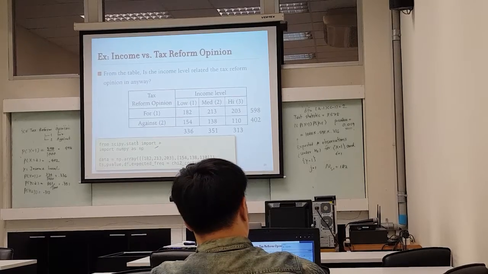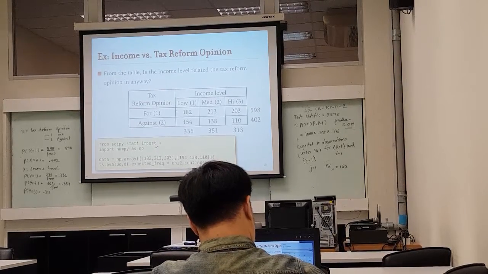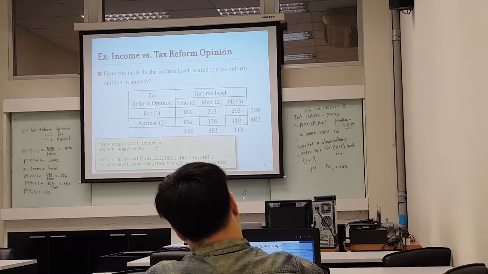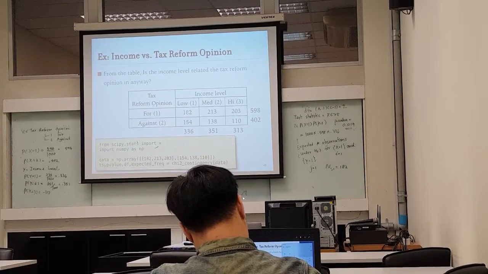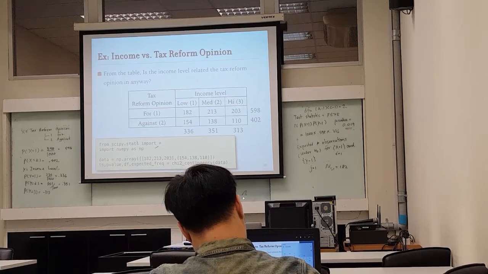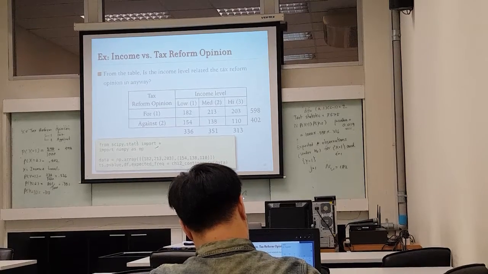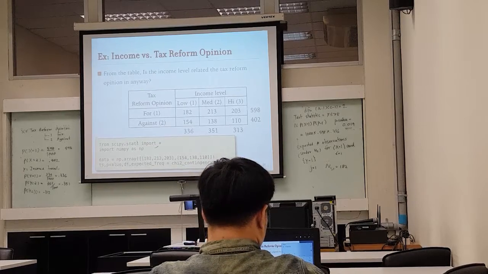If you look at the low income level, the reform opinion is about the same, 182 and 154. Right? The tax reform opinion for and against, they're not that different, but if you are medium and high income level, people tend to vote for the tax reform opinion.